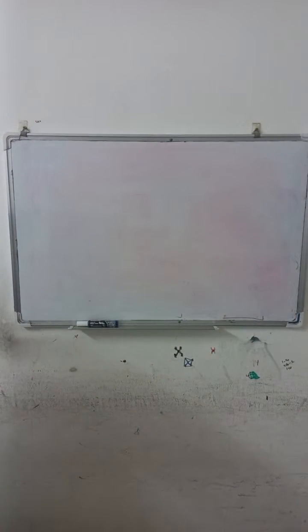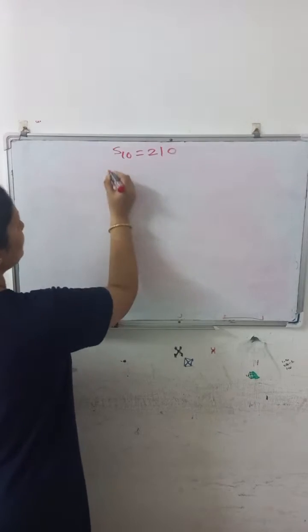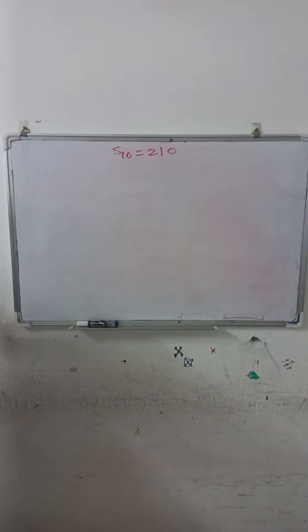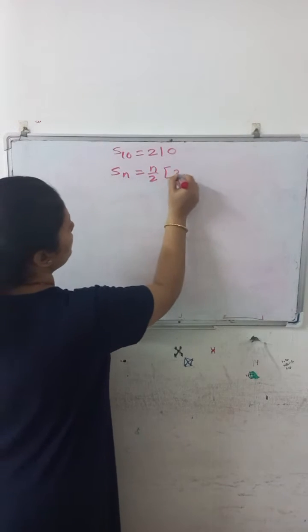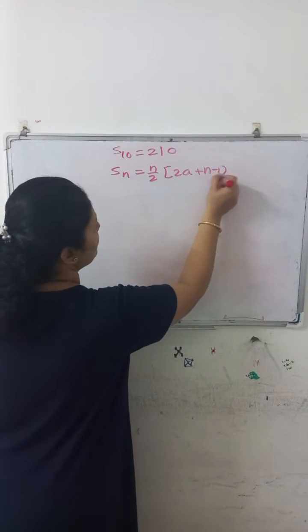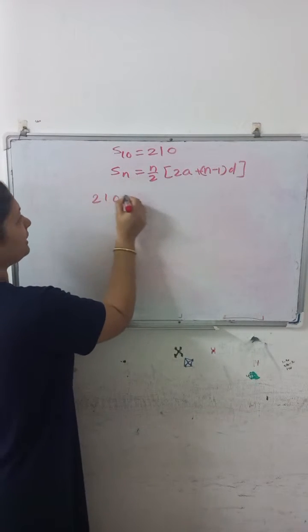So they are saying the sum of the first 10 terms is given, 210. So we can write the Sn formula. Sn is equal to n by 2 into 2a plus n minus 1 into d. So Sn is nothing but 210.